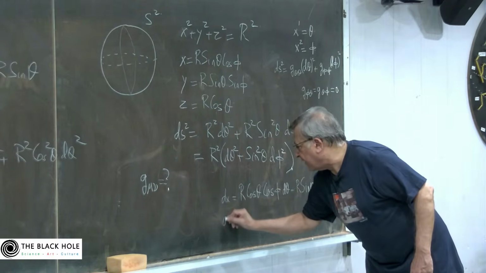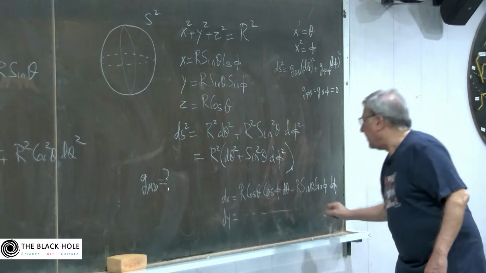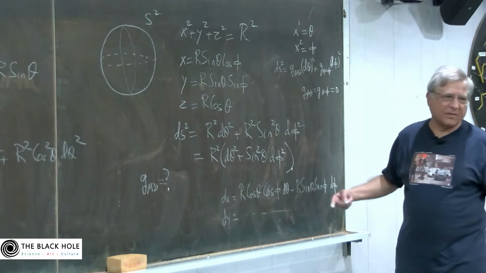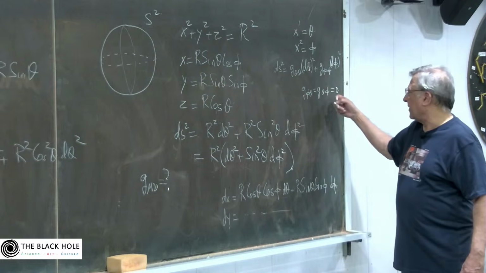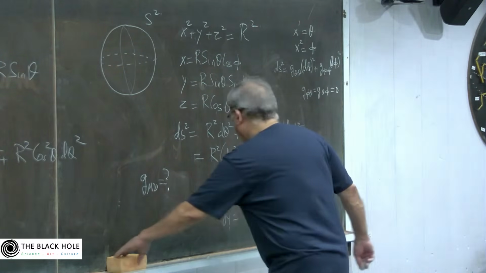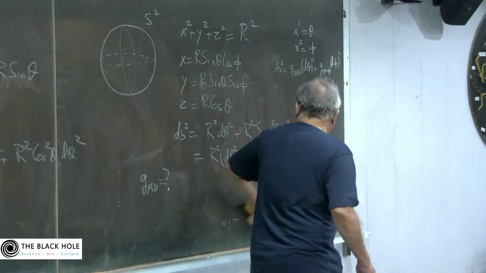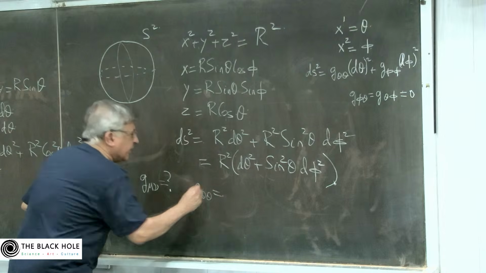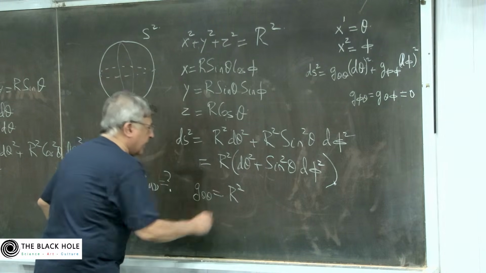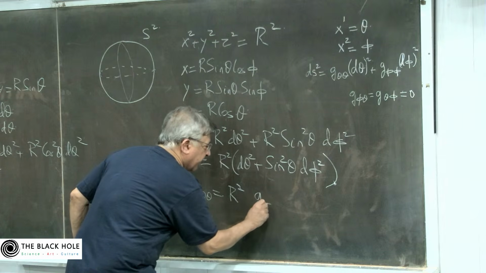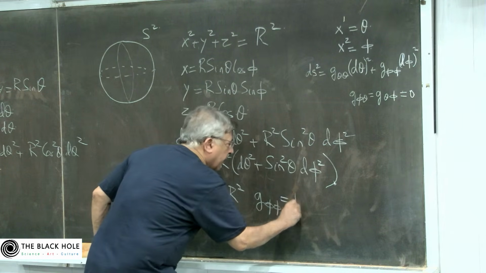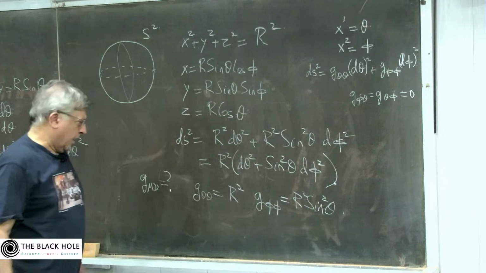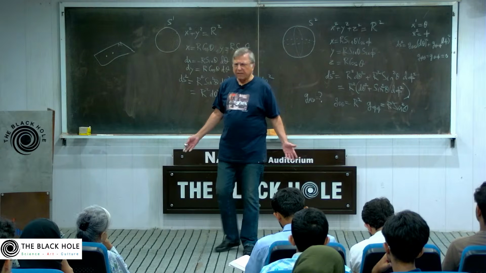And dy will be very similar, but it will have a plus sign over here. When I square this and I square this, then the cross terms will go away, which is why this and this are 0. Okay, so now from here, G theta theta is r squared, and G phi phi is r squared sine squared theta. Good, that's all I need.